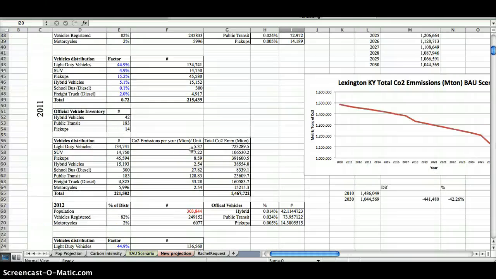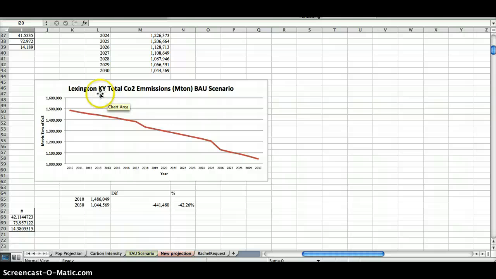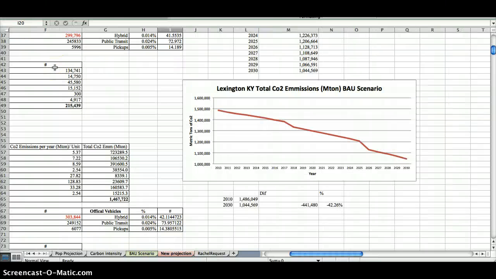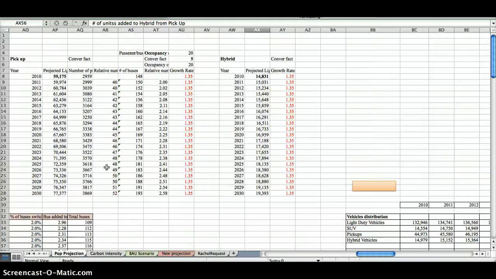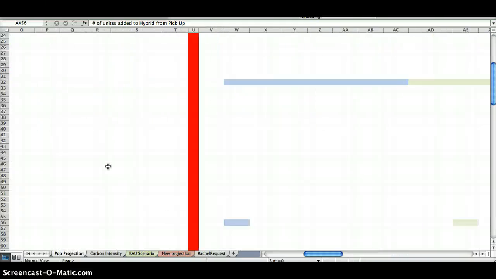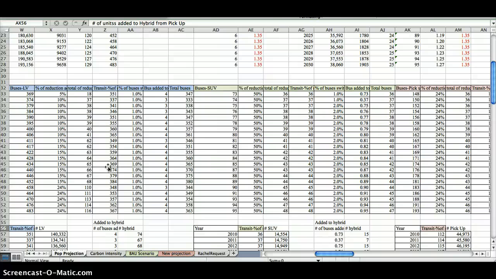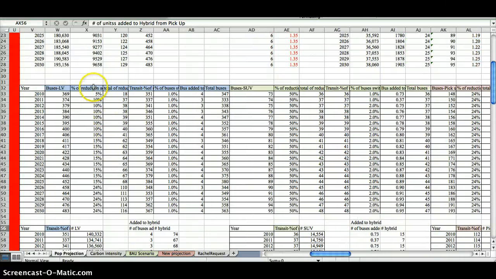In that way, we have a new projection of reduction, and we can control the whole thing from here, deciding what our reduction strategy is going to be for light duty vehicles and the types of vehicles that we are going to assess.